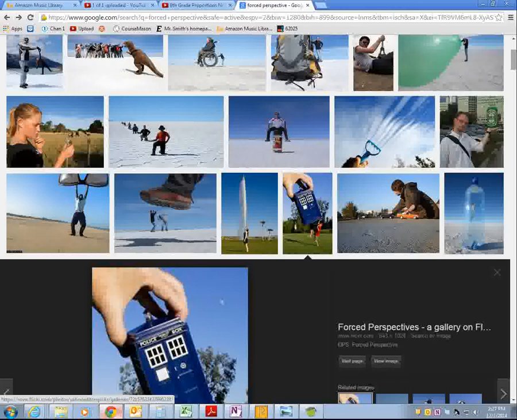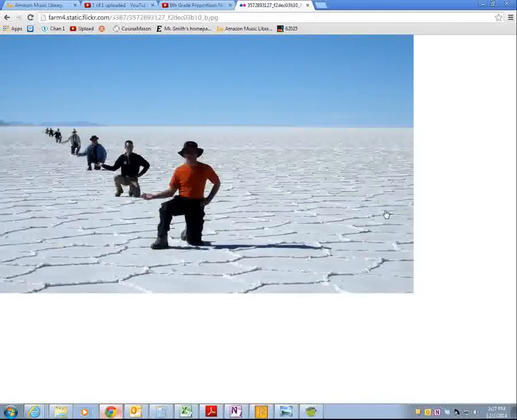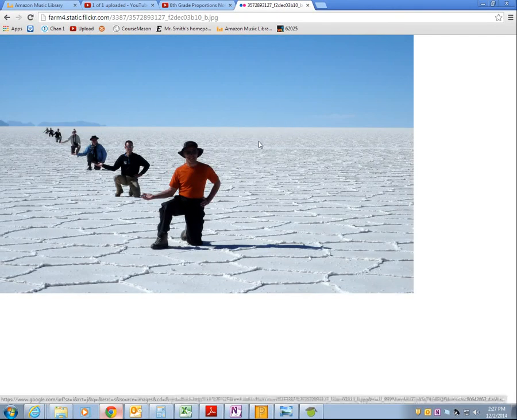What's another one? Oh, here's a good one. Now here's another forced perspective situation. This guy here is this big. This guy here is this big. Okay? Because he is that close to the camera.